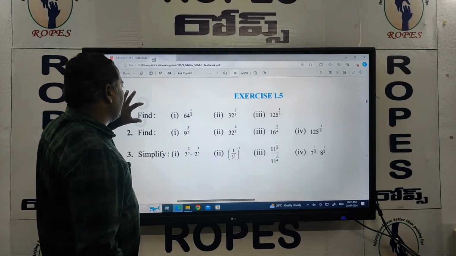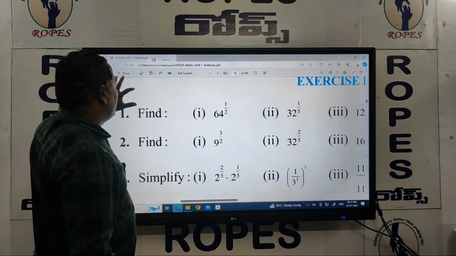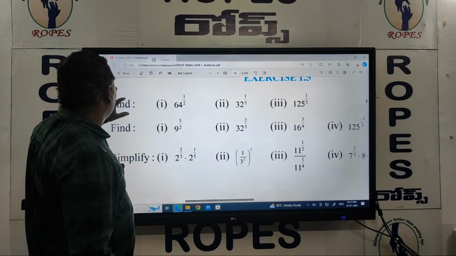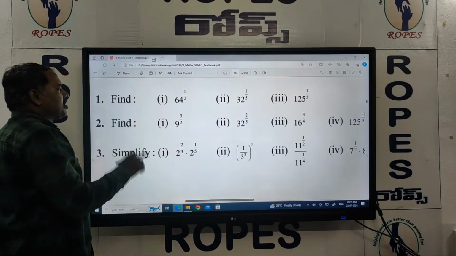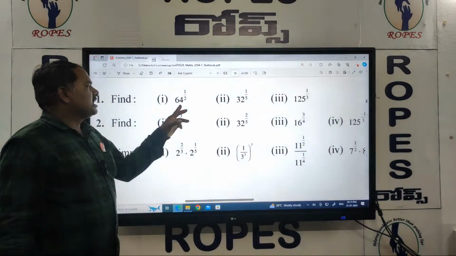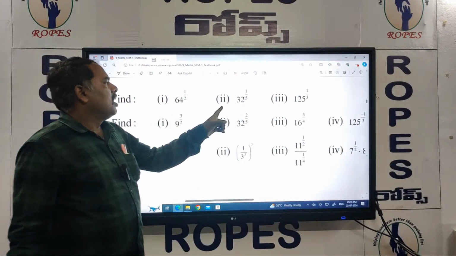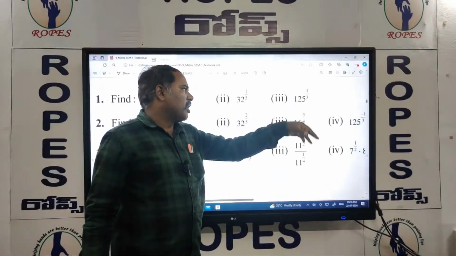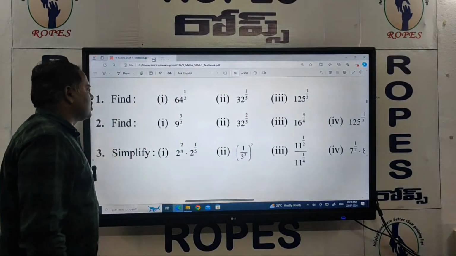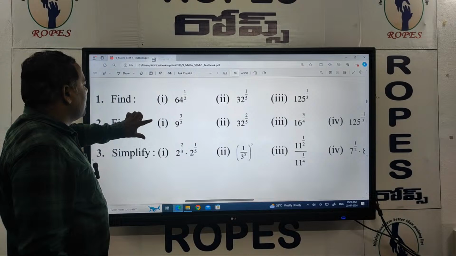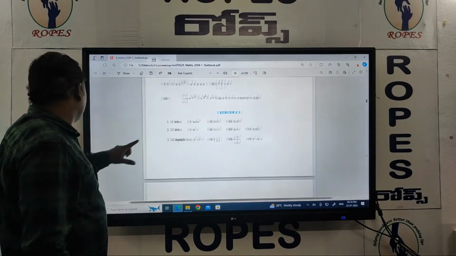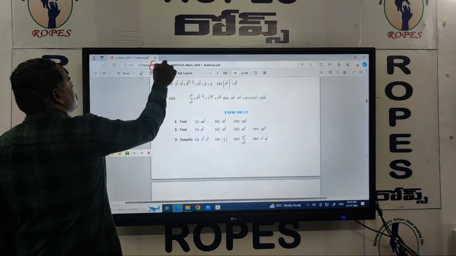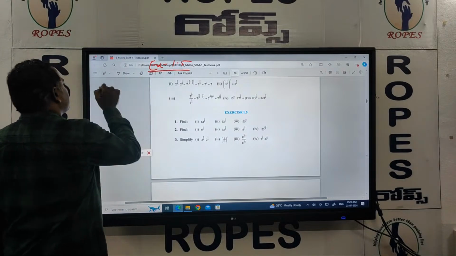In the first question, they have given: find 64 power 1 by 2, 32 power 1 by 5, and 125 power 1 by 3. So how to solve this? Let's see.